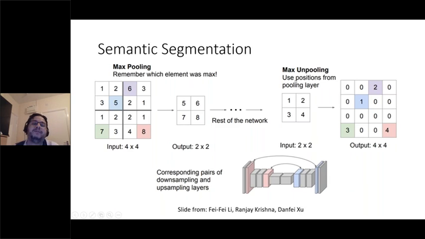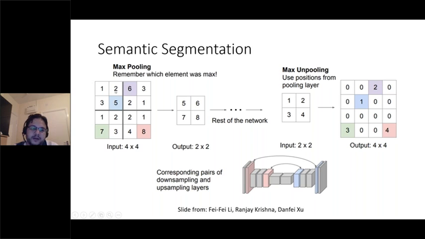There is also max unpooling. When we apply the max pooling from one layer to another, we know which value was kept. For example, when we apply the max pooling to this quarter, we know that this corner was kept.